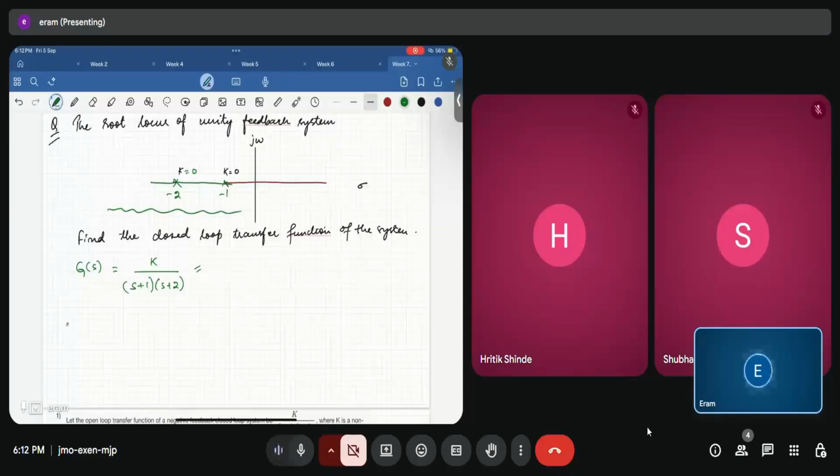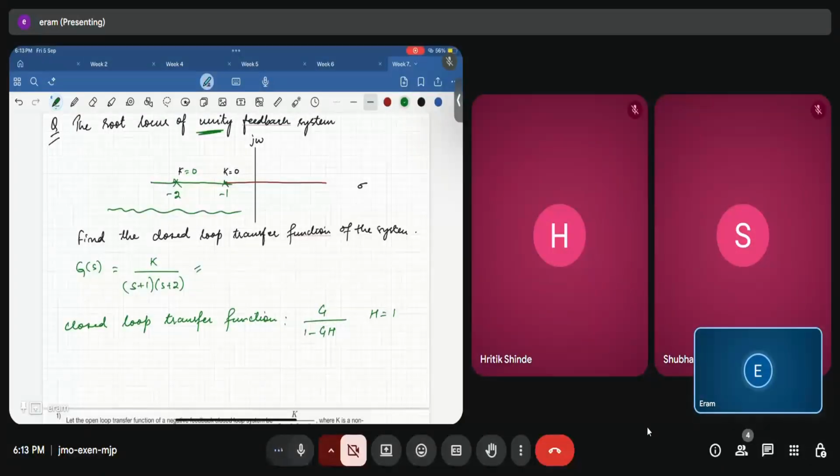And then we have to find the closed loop transfer function. So what will be the closed loop transfer function in case of positive feedback? So we know it is, instead of G divided by 1 plus GH, it is G divided by 1 minus GH, and H is 1 because we have unity feedback, right?